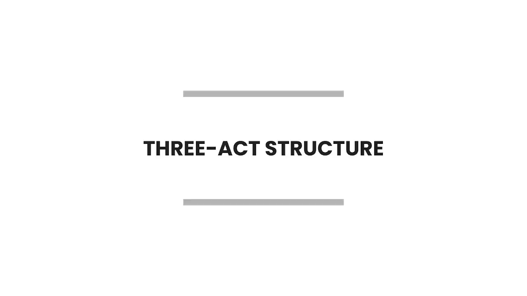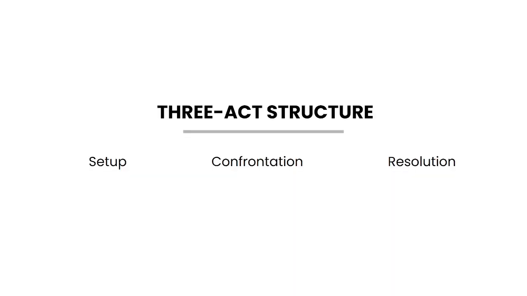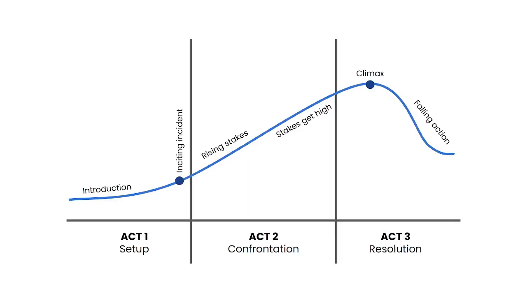One of the first things you will probably have learned in school is the 3-act structure. There are just three parts in the story: setup, confrontation, resolution. The setup is where you introduce the scene, the world building, the characters.